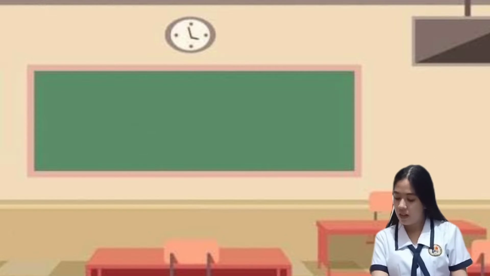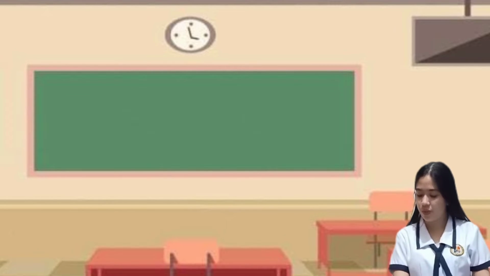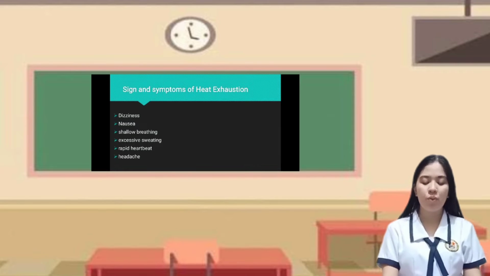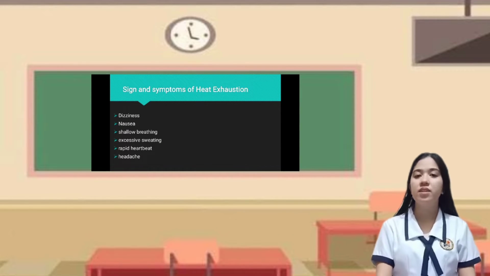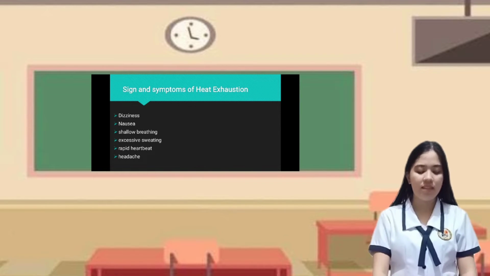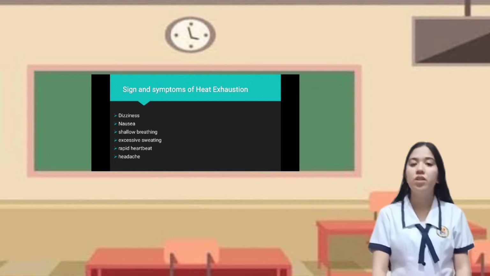So, what are the signs and symptoms of heat exhaustion? Very good. So, signs and symptoms of heat exhaustion are dizziness, nausea, shallow breathing, excessive sweating, rapid heartbeat, and headache.